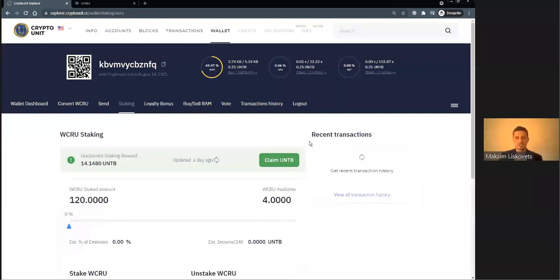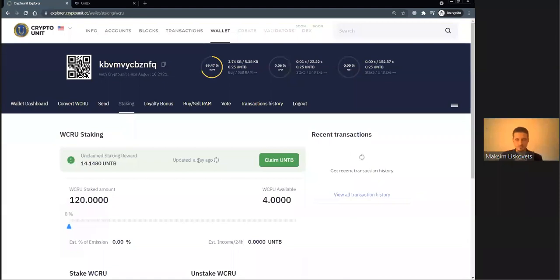Once again, please note and remember, when you go to this page or any other page where the staking is, you must update your wallet, update your staking page. Why is it important? First of all, because you may not use your wallet until your wallet is updated.